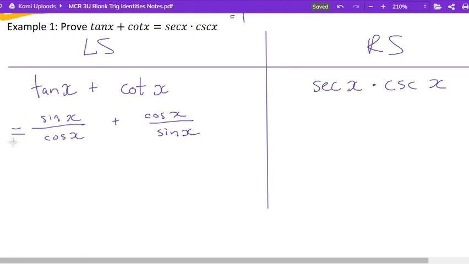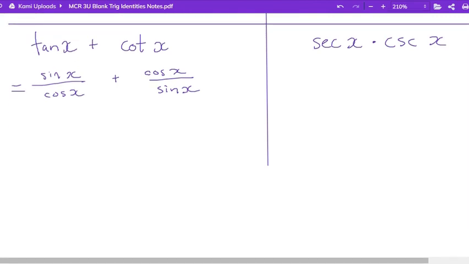So I'm saying this equals that. Okay, what's the hint I'm going to use now? Beautiful. Find common denominators. So if it helps, I'll just make a hint. Here I used the quotient identity. Now I'm going to find common denominators.